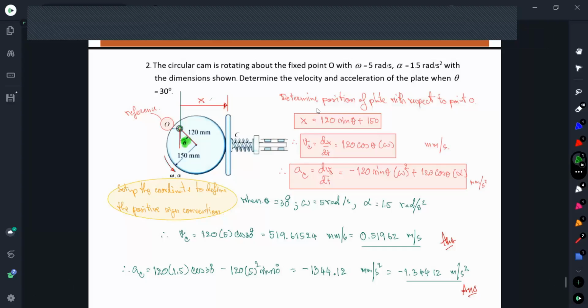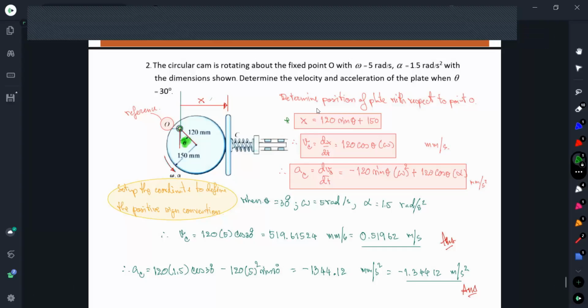According to this, we can find x equal to 120 sine theta plus 150. The velocity of point C, the velocity of the plate, is equal to the first derivative of x with respect to time, and AC is the second derivative of x with respect to time.